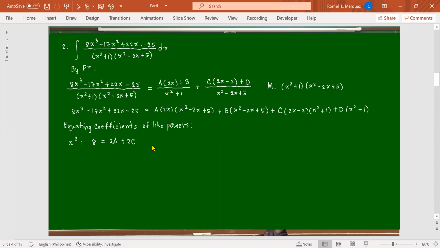And this will serve as equation number 1. But we can simplify this. This is also equivalent to the equation 4 is equal to a plus c. Okay, so let's have this as equation number 1.